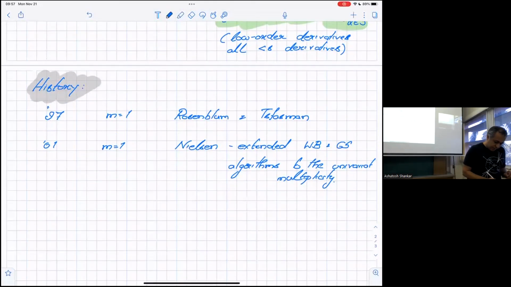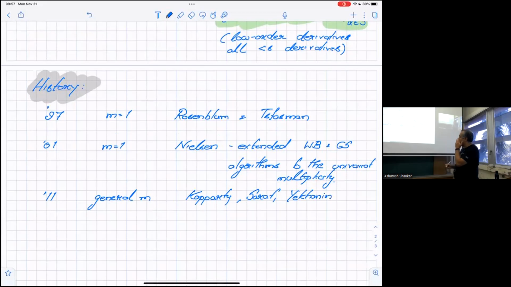And then, a decade later, in 2011, the general n setting was introduced by Kopparty, Saraf, and Yekhanin.